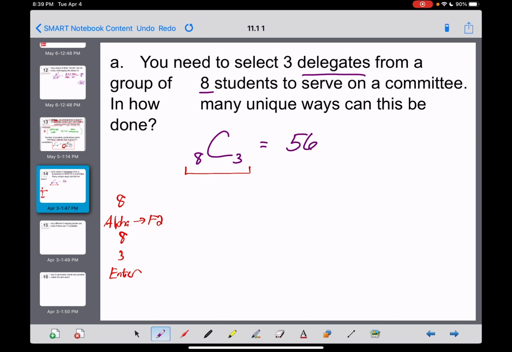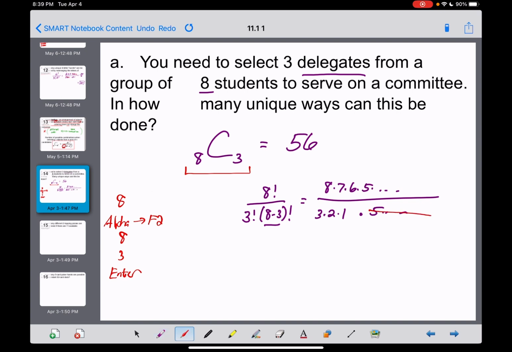Now again, nobody cares, but this would be 8 factorial over 3 factorial times 8 minus 3 factorial. On the top, that's 8 times 7 times 6 times 5 times and so on. Here, we get 3 times 2 times 1 for the 3 factorial, times 8 minus 3, which is 5 factorial, 5 times and so on. So the 5 times and so on cancels with the 5 times and so on.